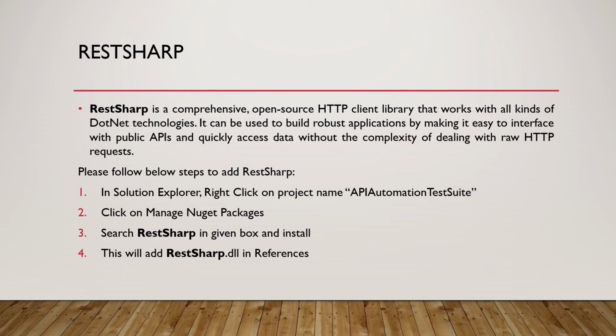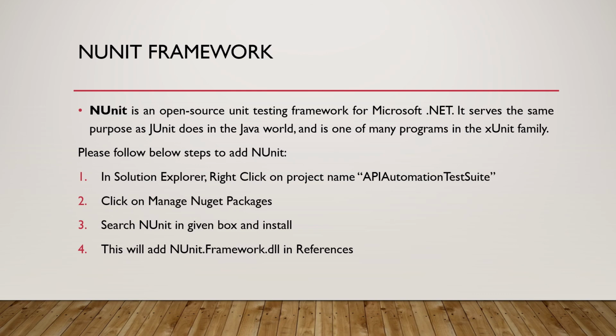Please follow the below steps to add RestSharp. In Solution Explorer, right click on the project name, click on Manage NuGet Packages, search for RestSharp in the given box and install it. This will add RestSharp.dll in the references.